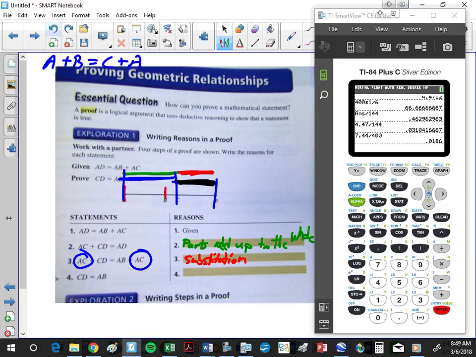If A plus B is equal to C plus A, then B and C have to be equal. So for this one, all we have to do is take off the AC. So just remove the ACs.